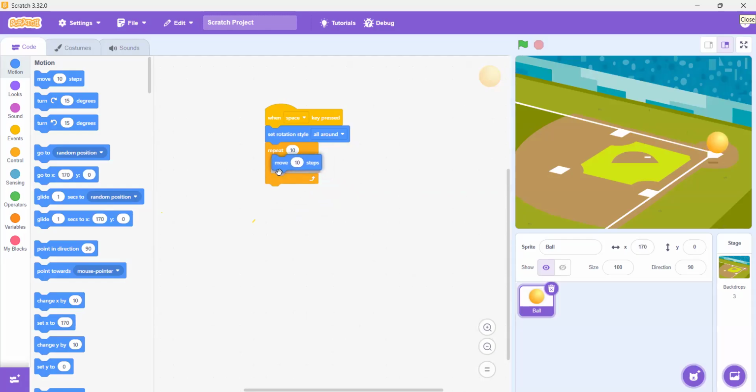Now I bring it in the center and back to 0, 0. The difference. Did you see how it moved? There is a difference when I put in between repeat and when I put below repeat. Again, bring it back to 0, 0. Check how it is happening.